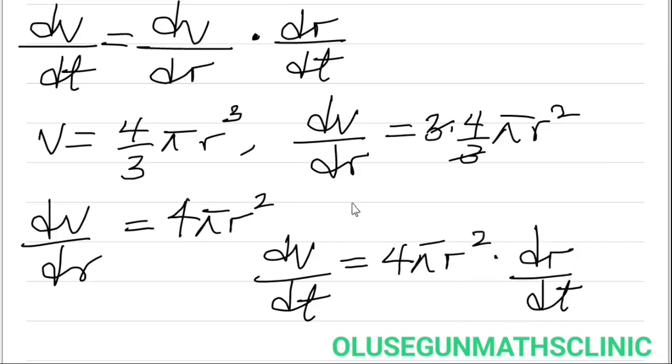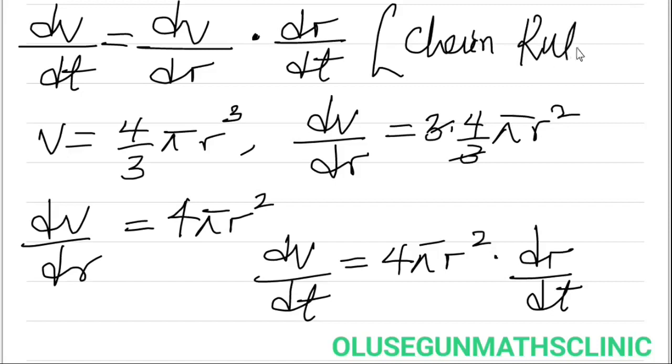So this connotes the chain rule. We use the chain rule to formulate a formula. So dV/dt is equal to 4 pi r squared dot dR/dt.